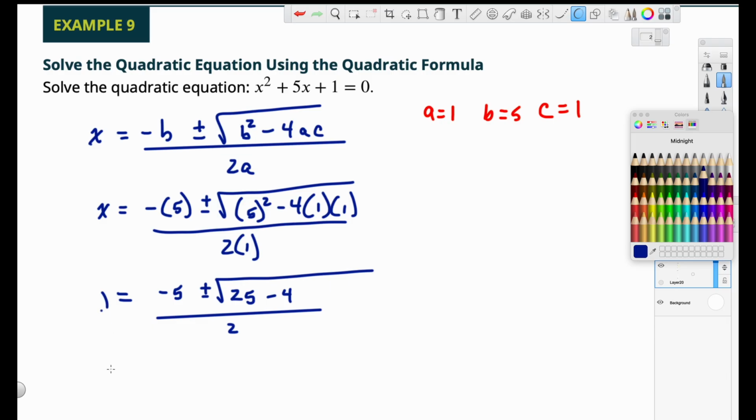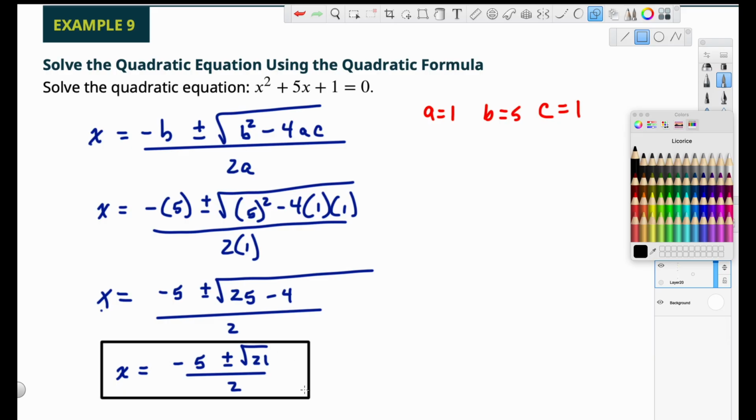So x equals negative 5 plus or minus square root of 21 all over 2. And we can leave our answer just like that. Let's box it in. We would like to simplify the radical if we can, but 21 has no perfect square factors, so that's as far as we could take it.